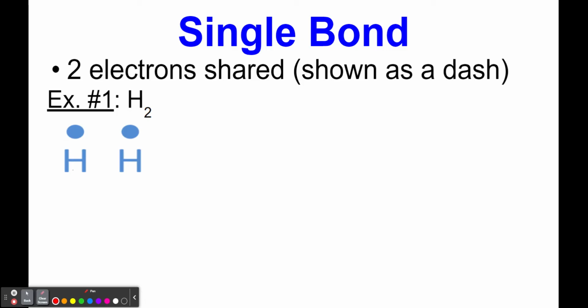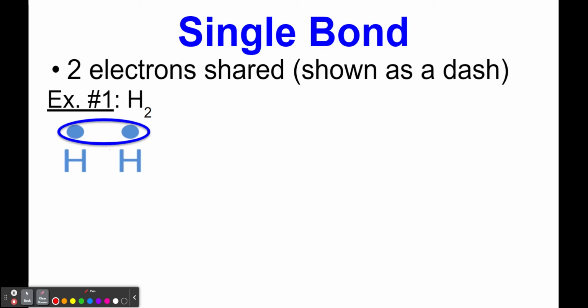Now remember, this hydrogen to be stable wants two valence electrons. But with covalent bonds, instead of grabbing an electron from another atom, it's just going to share. It's much more egalitarian. So these hydrogens share these two electrons. Each of them can count these two electrons in their valence shell.